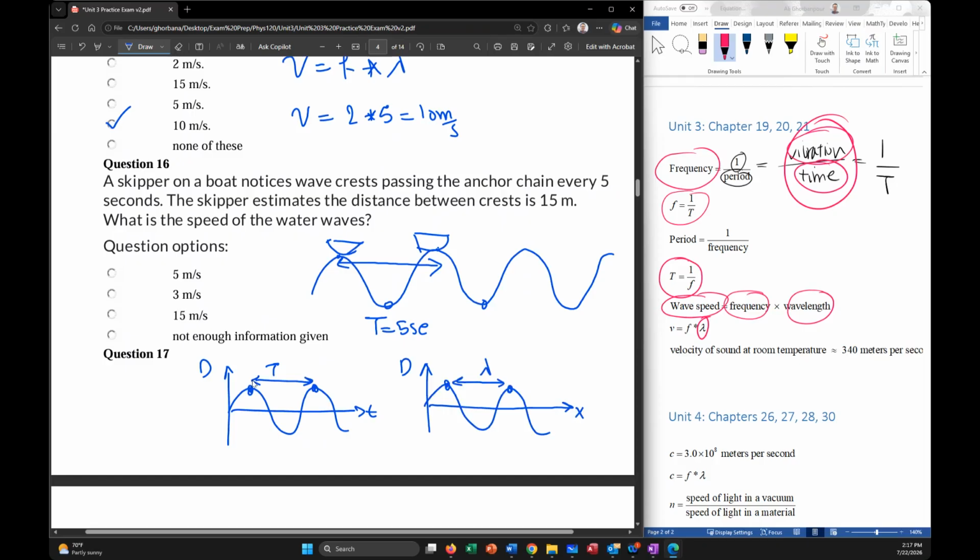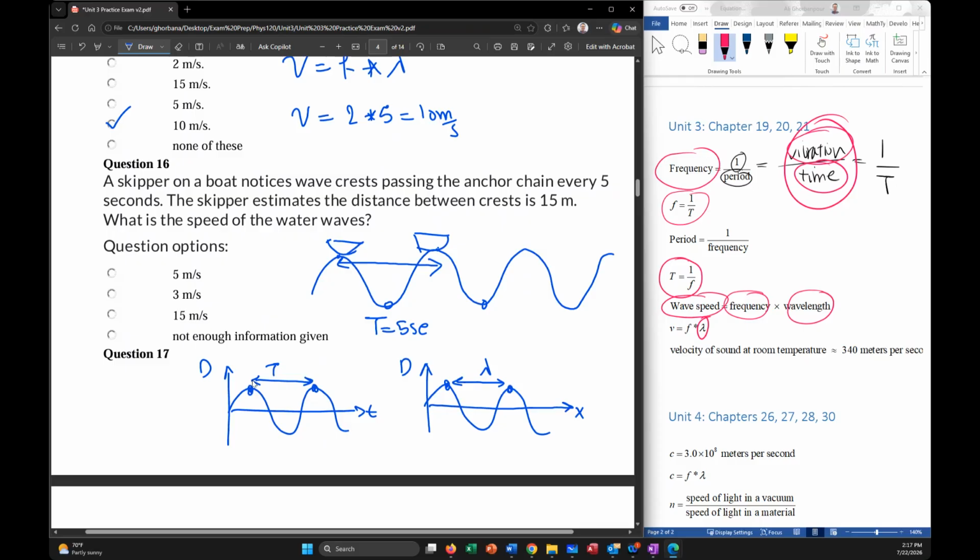So we can draw the wave with the position representation or with the time representation. With the position representation, we can find lambda, the distance between two crests. With respect to time, the distance between two crests gives us the period.